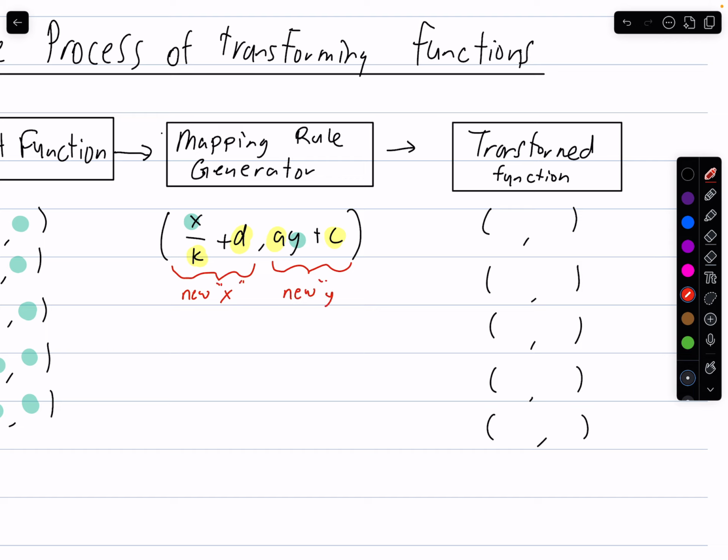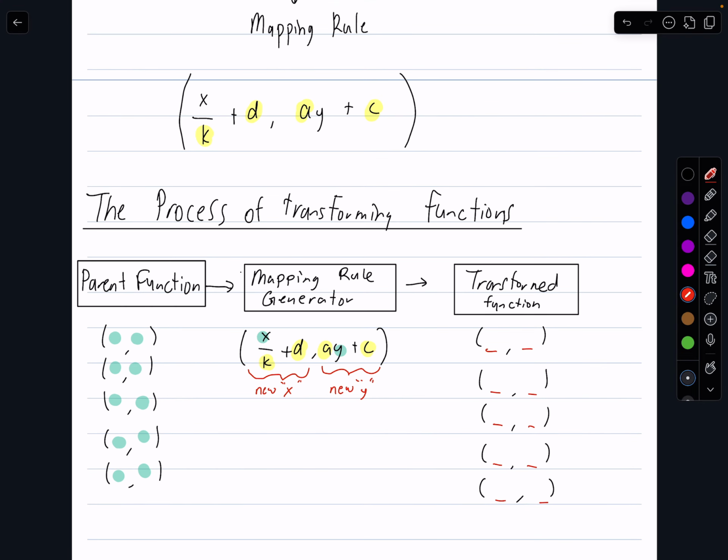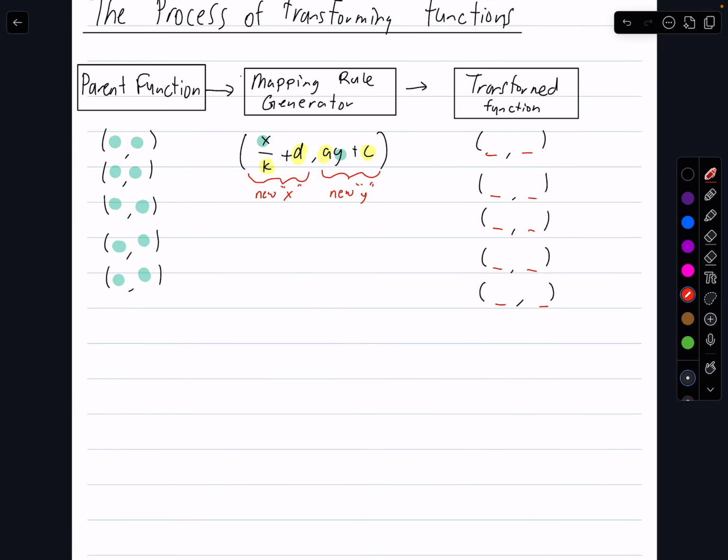Now this new x and new y are going to be these values right here. Notice how we're taking things from the parent function, taking things from the mapping rule generator, putting them together and getting our new x and our new y. Once we get the new x and the new y, we plot these points on the graph.